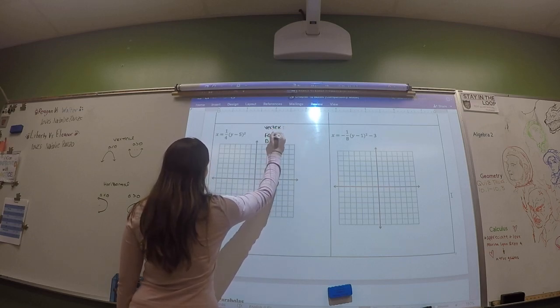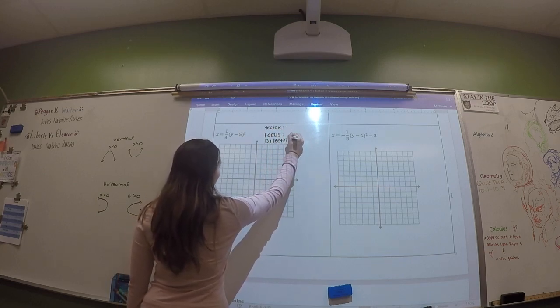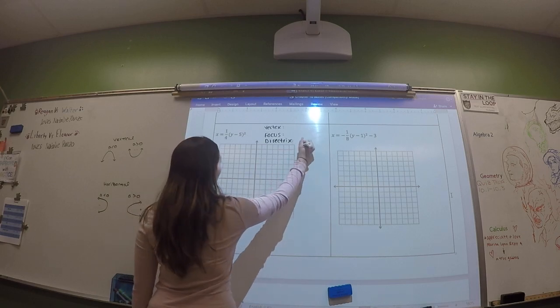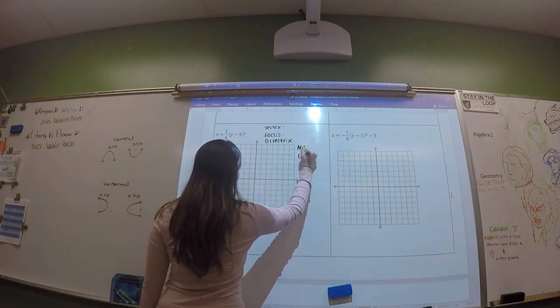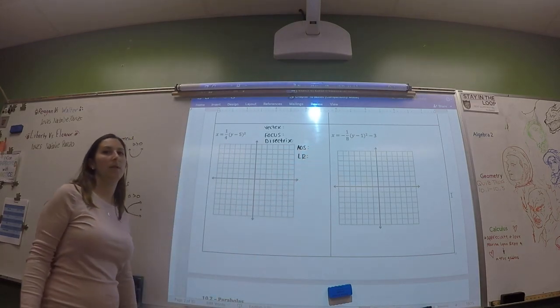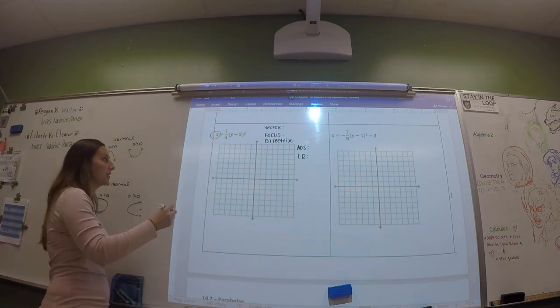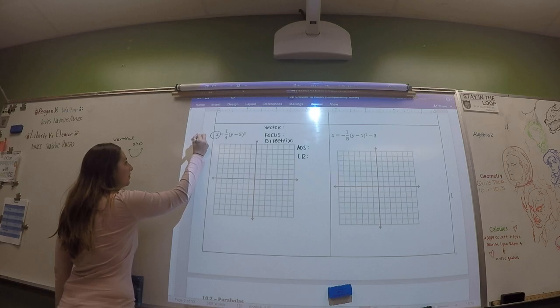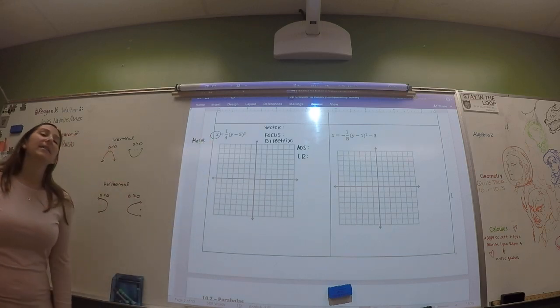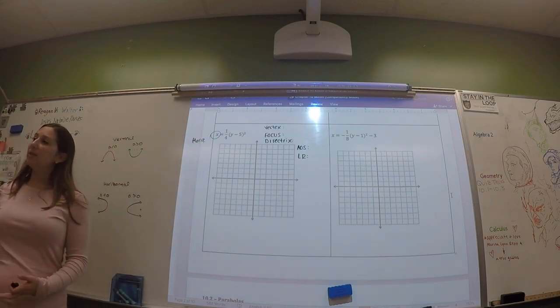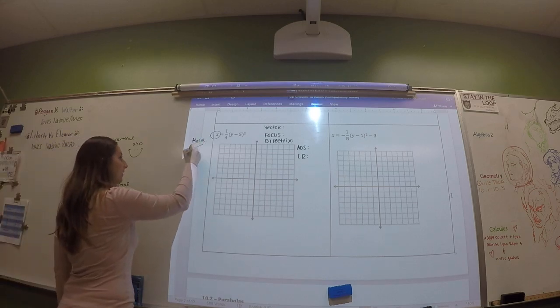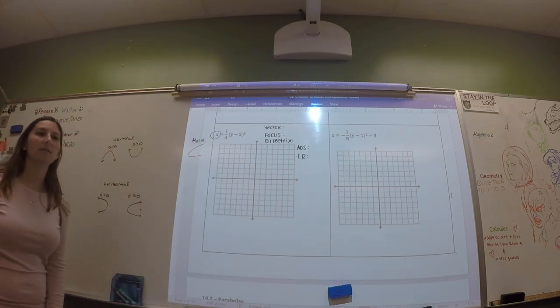But before you start picking stuff out, you want to first figure out that it is horizontal. So what tells us that this is horizontal? The fact that it starts with x equals tells us that it's horizontal. And if a is positive, which it is because it's positive 1/4, that's telling us that it's opening to the right.